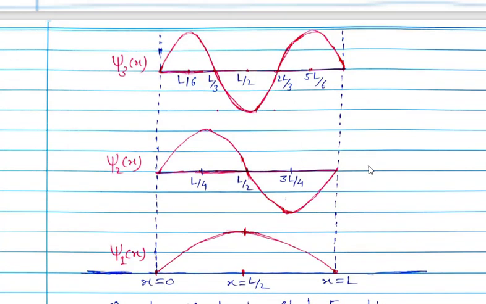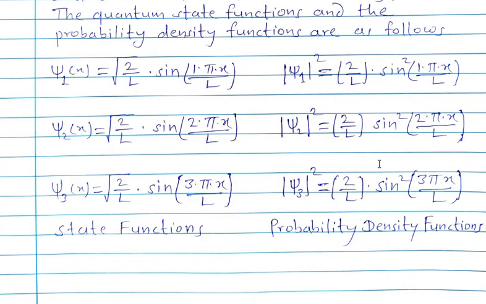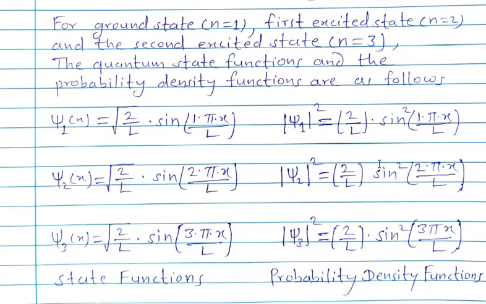Now let's consider these probability density functions for the same three states: the ground state, first excited state, and second excited state. If you carefully observe these probability density functions in comparison with the quantum state wave functions, you can notice that this is just the square of that function.